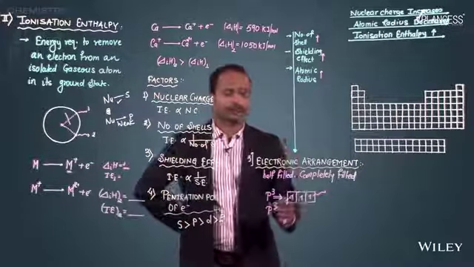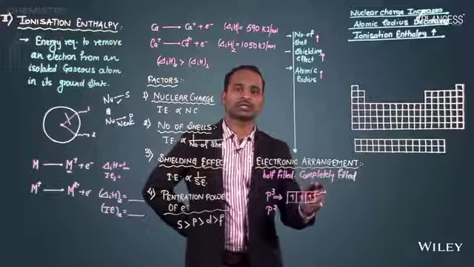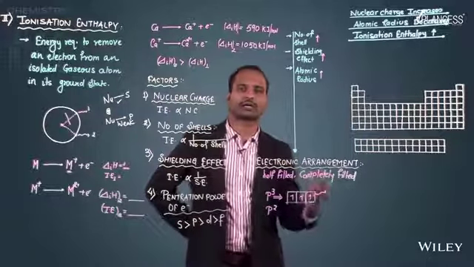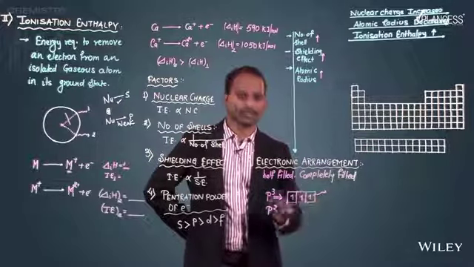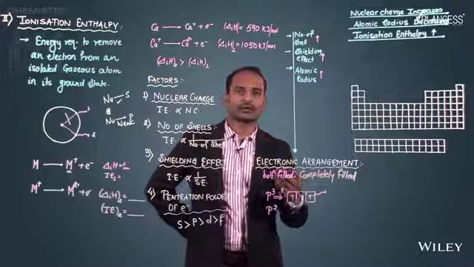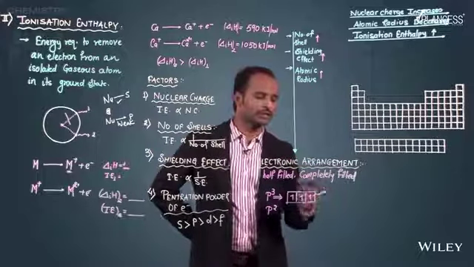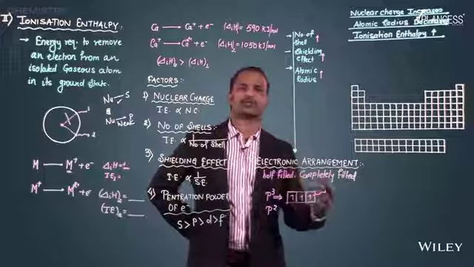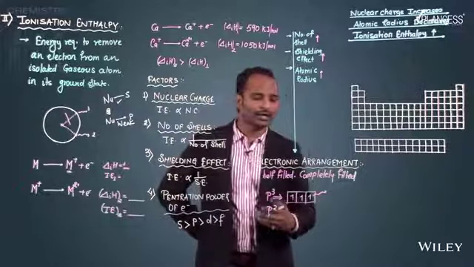So this atom which has a p3 configuration tries not to lose this electron, because after losing it, it will become unstable. Hence the electron will require more energy to come out, as it is affecting the stability of the atom.